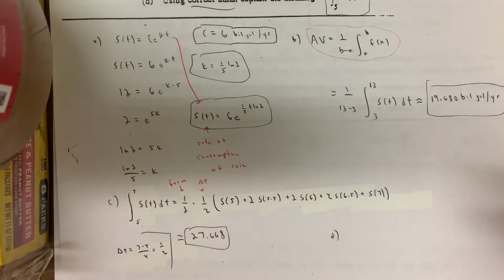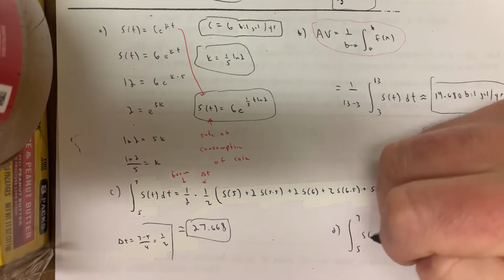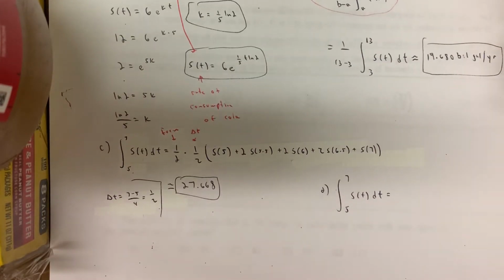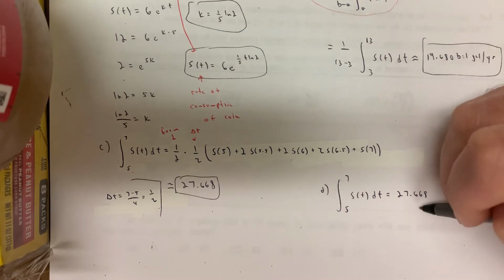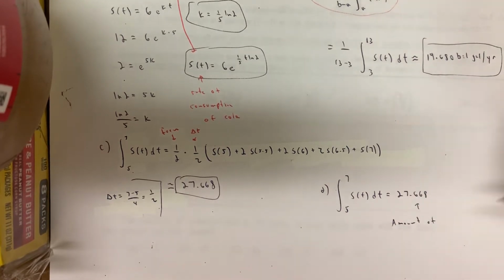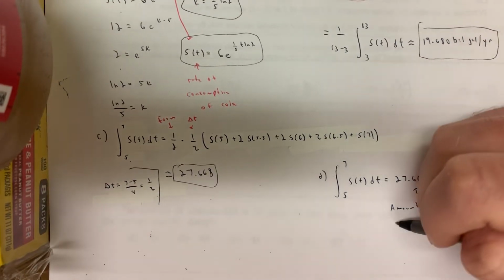And I've got to be honest with you folks, if you integrate the rate at which cola is consumed, you find out, probably only Samara is answering me, that's in period 2, the amount of cola that's consumed. That's what this 27.668 represents. That is the amount of cola consumed. Remember, integrate the rate, right? If you integrate the rate at which a quantity changes, you get the change in that quantity. We get the change in the amount of cola consumed. That means the amount of cola consumed.